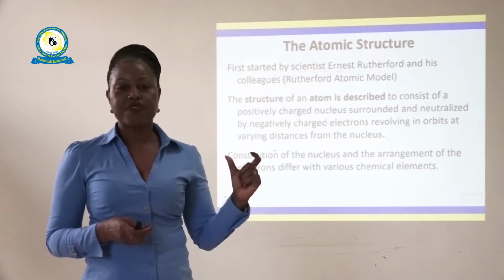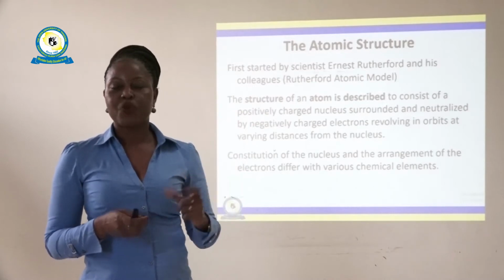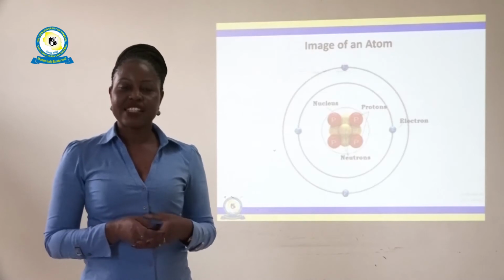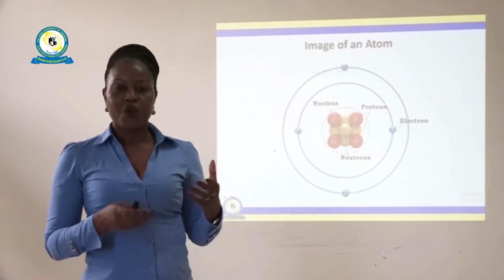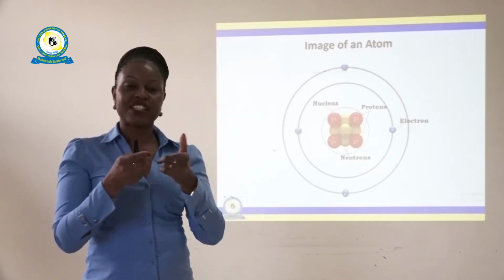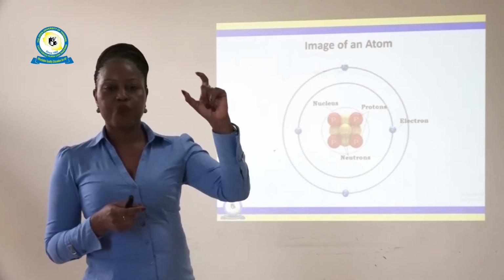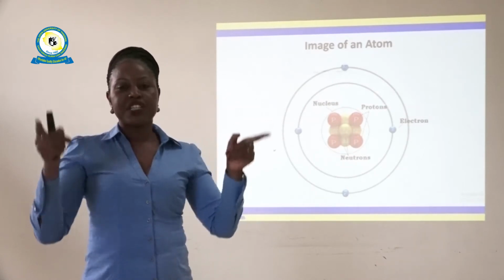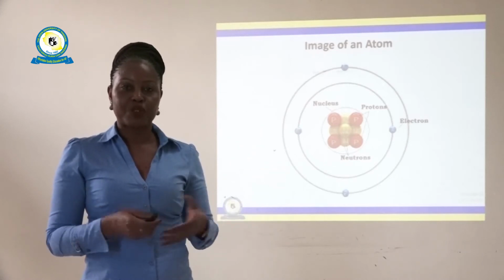So the constitution of the nucleus and the arrangement of the electrons differ within various chemical elements. That is according to the Rutherford atomic model. So we can perceive the image of an atom like one having a central nucleus in which there are a number of protons and neutrons, and there are orbits around it in which the electrons are revolving. That is the structure of an atom.